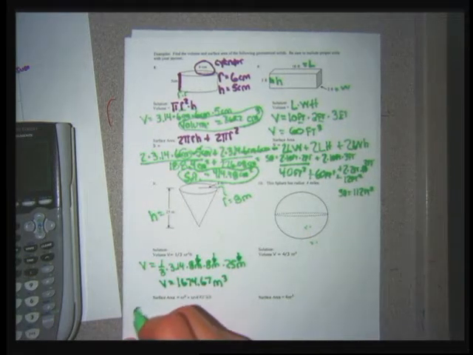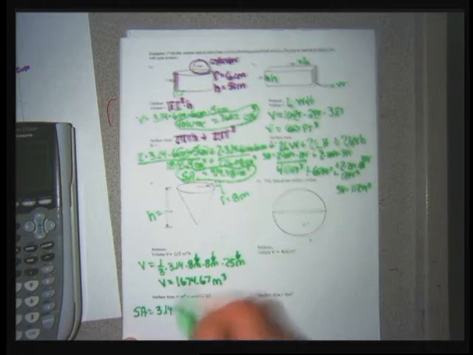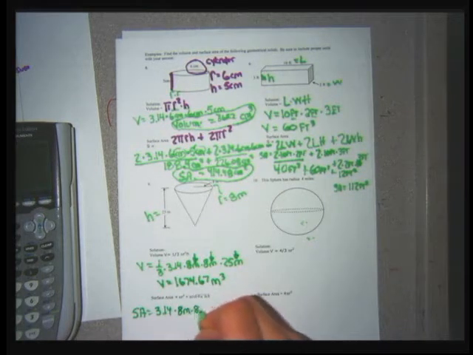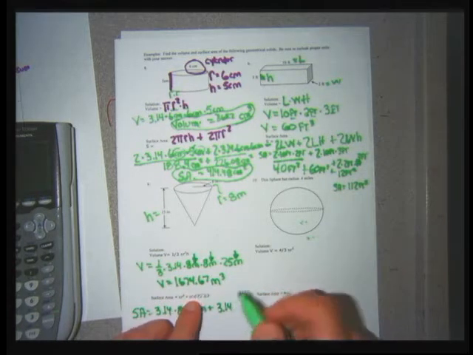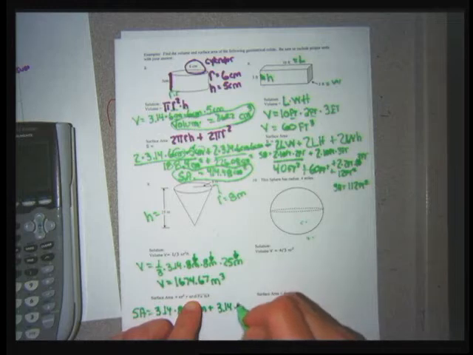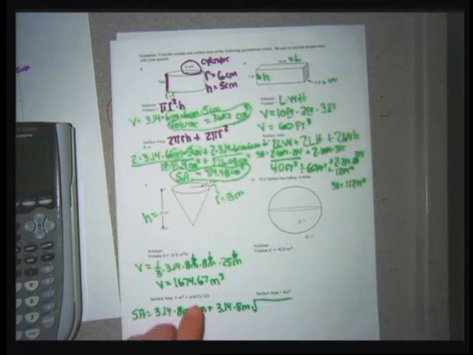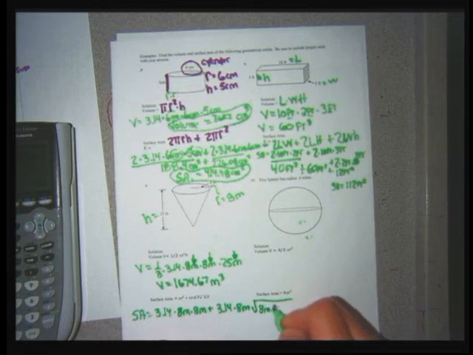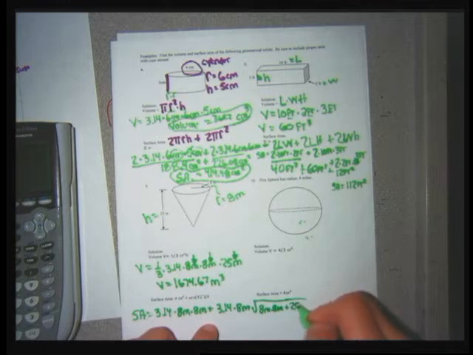So surface area, which I'm going to write as SA, equals pi, which is 3.14, times r squared, which is going to be 8 meters times 8 meters, plus pi, which is 3.14, times r, which is 8 meters, and then this is a wreck here, times the square root of r squared, which is 8 meters times 8 meters, plus h squared, which is 25 meters times 25 meters.